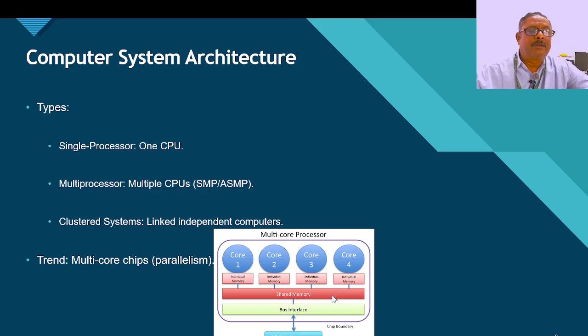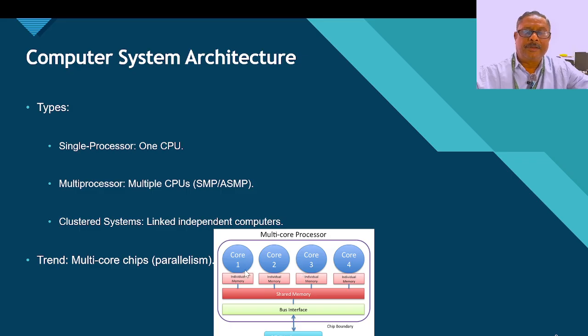So that's something about the computer system architecture. We have different types of systems like single processor, multiprocessor, and then clustered systems. And multiprocessor is another way we can call a multi-core system.